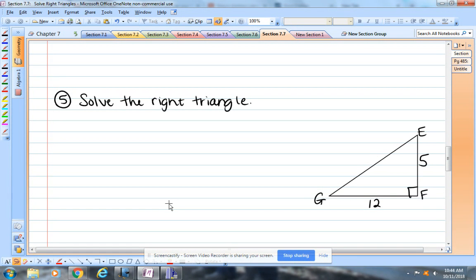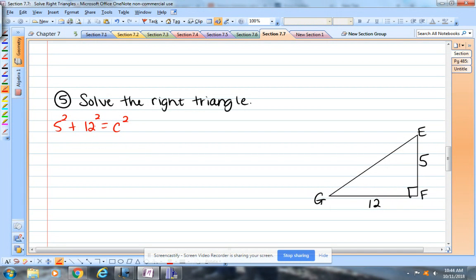Two sides, particularly the two legs, right? So what I would probably do is go ahead and find that third side, right? The third side is the what of the triangle? The hypotenuse. So how do we think we're going to find the hypotenuse? Pythagorean theorem. So I'll say 5 squared plus 12 squared equals c squared.